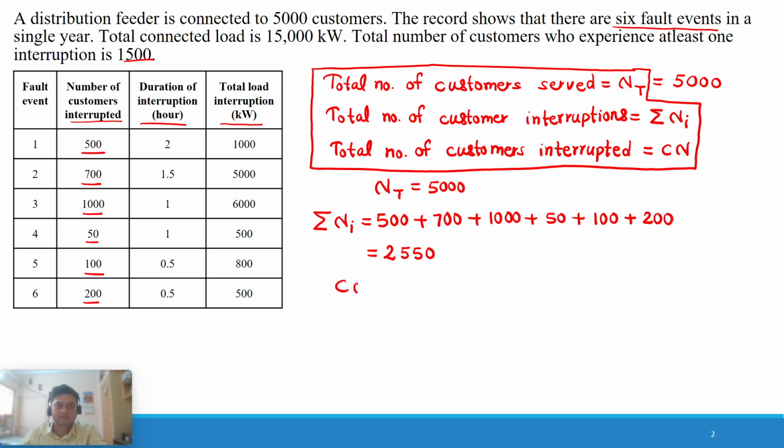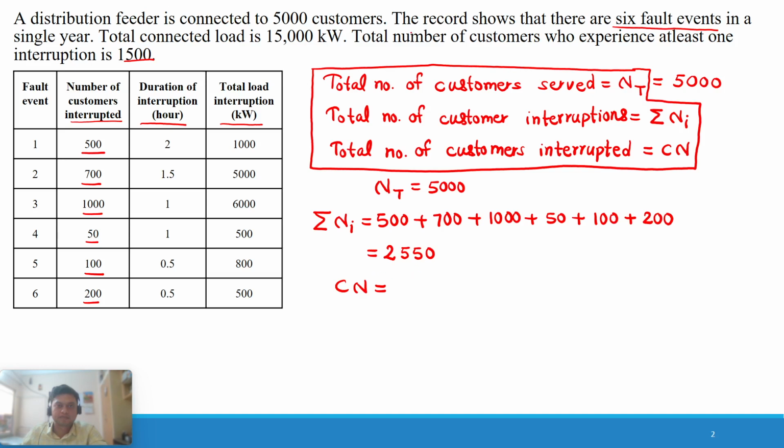The most important point in the total number of customers interrupted is that we will not count a customer who is interrupted twice or thrice. We count only once. It does not depend on the number of times interrupted. The customer is counted only once, regardless of the number of times interrupted.